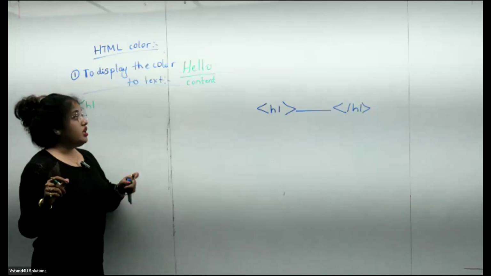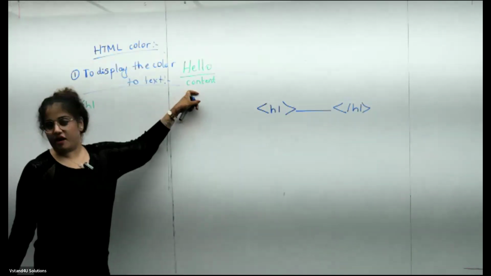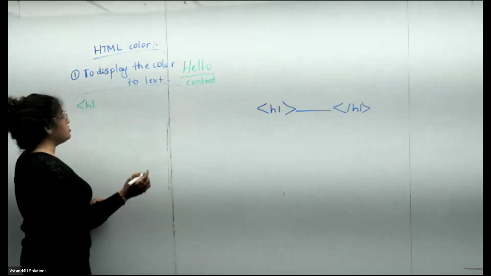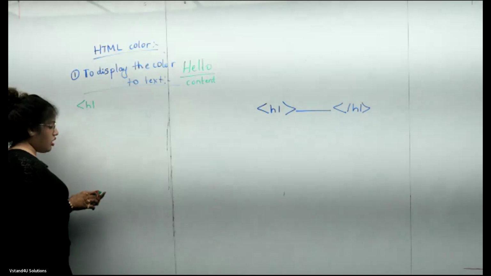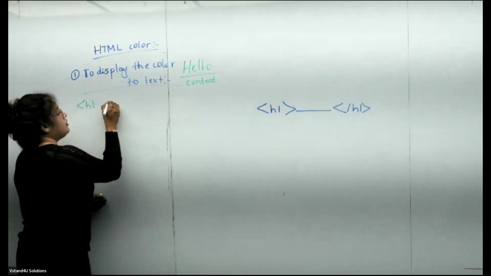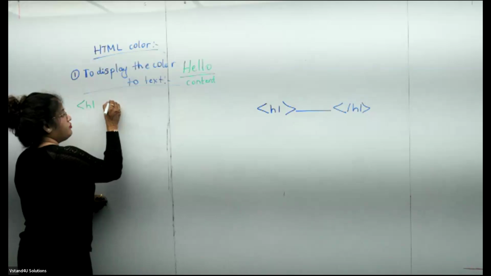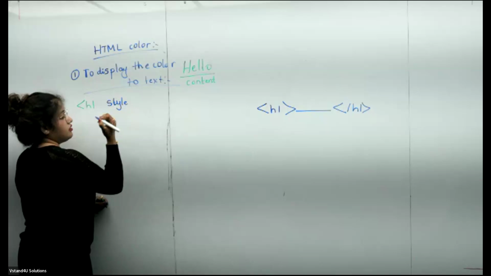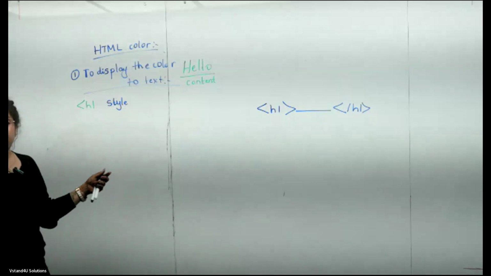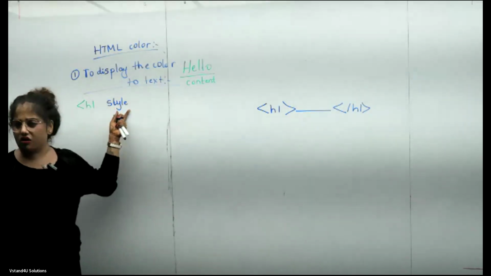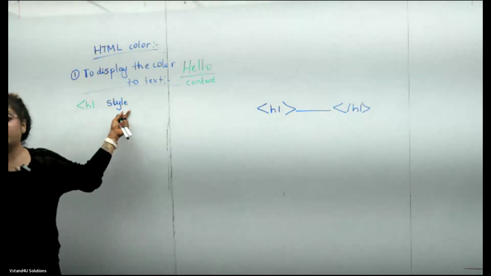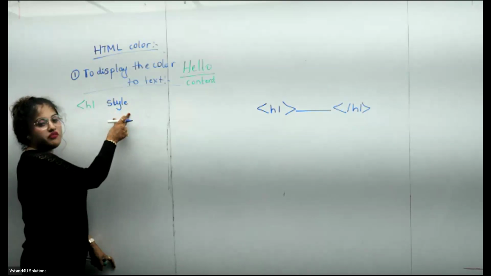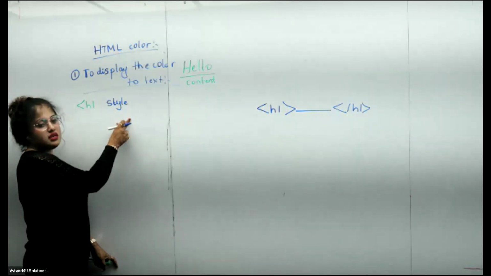So now, if this color has to be displayed, then I will be using the attribute called style. If I want to display any color, background color, whichever color you want, I will display it with the use of an attribute called style.